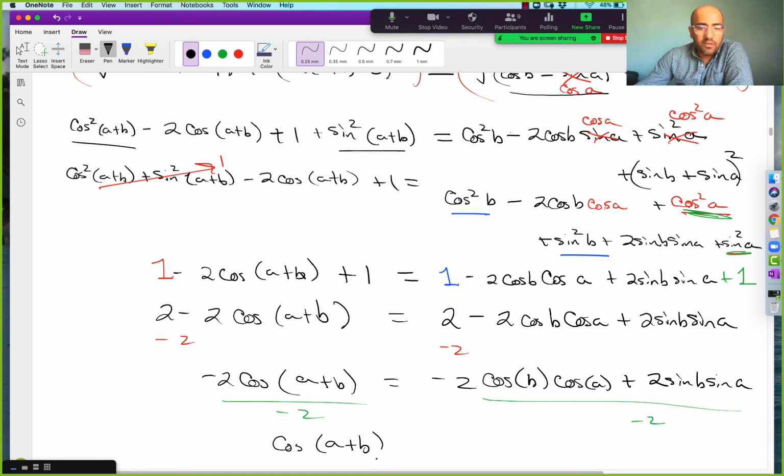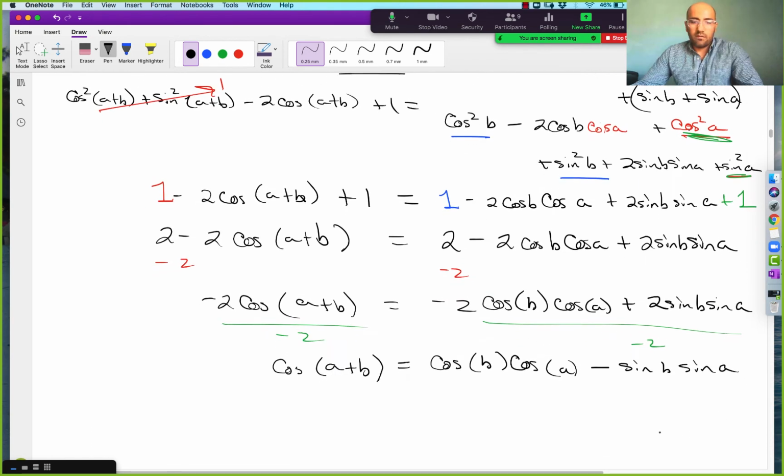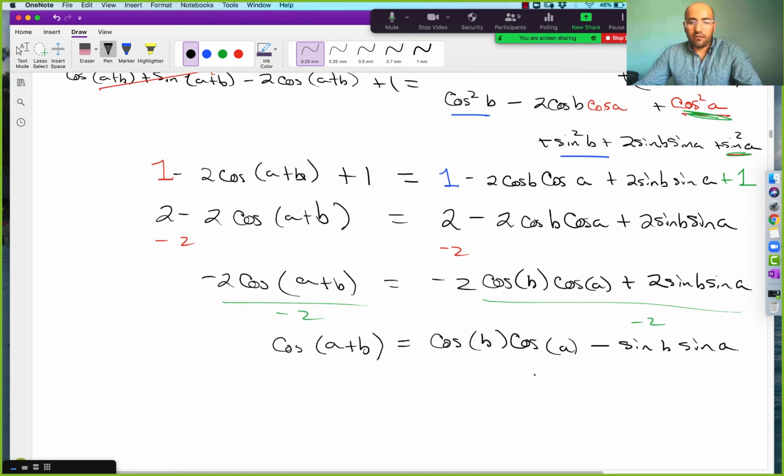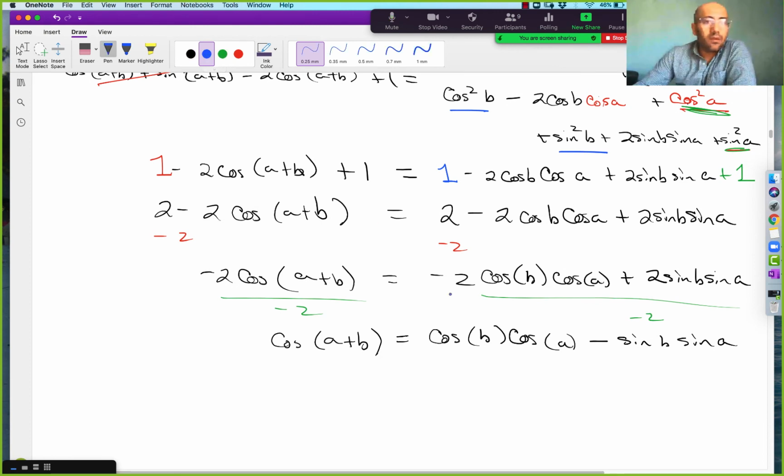Cosine of a plus b is equal to cosine of b cosine of a minus sine of b sine of a. And usually these things are flipped around, so we can switch them around.